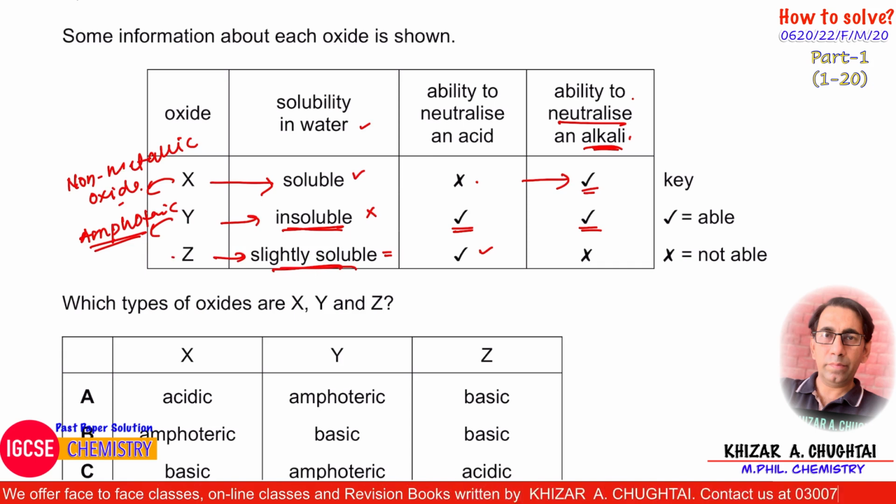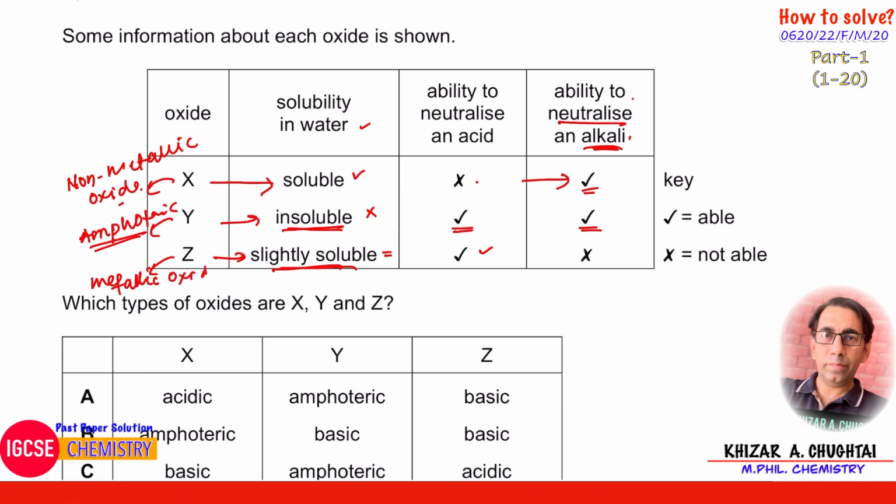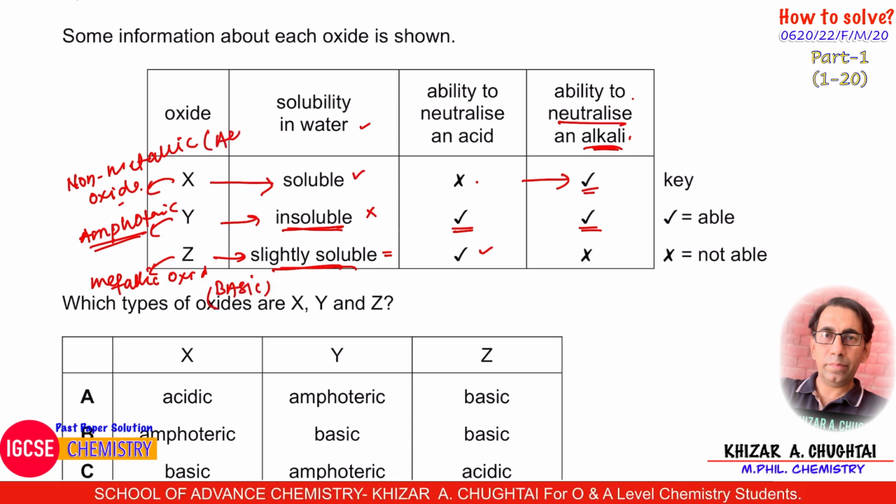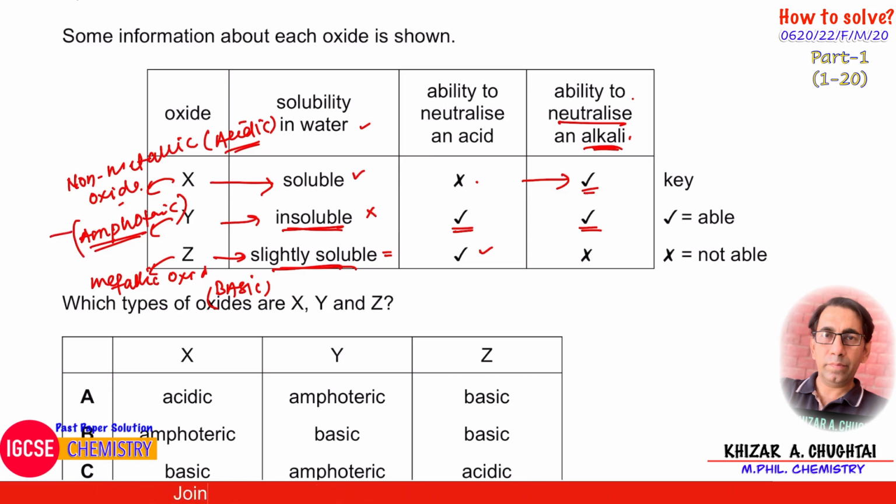I mean, it may be a metallic oxide, a basic oxide. The first one is an acidic oxide. Second one is an amphoteric oxide. This one may be Al2O3, most probably.